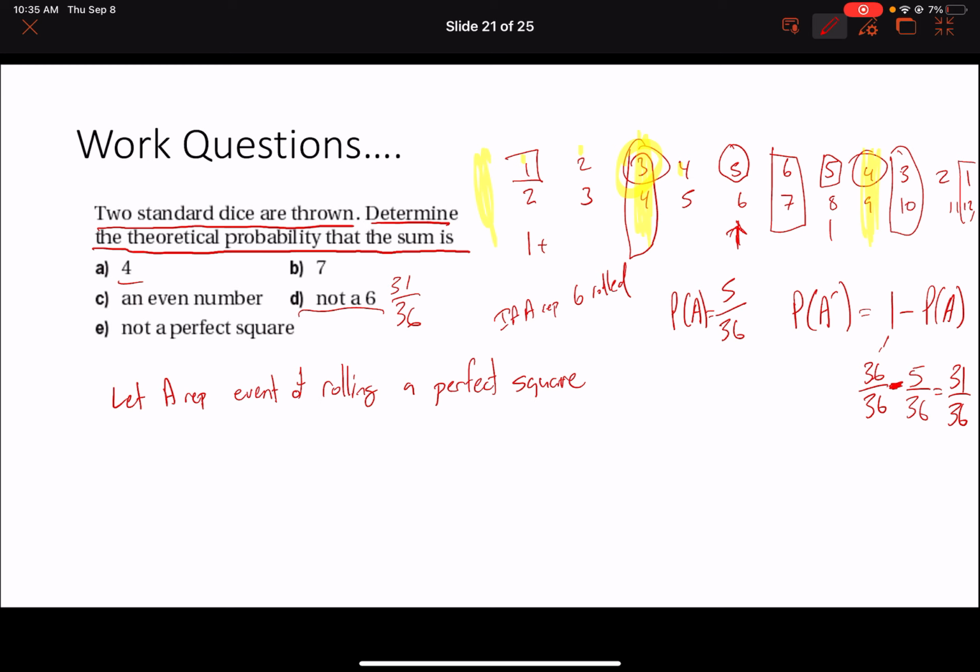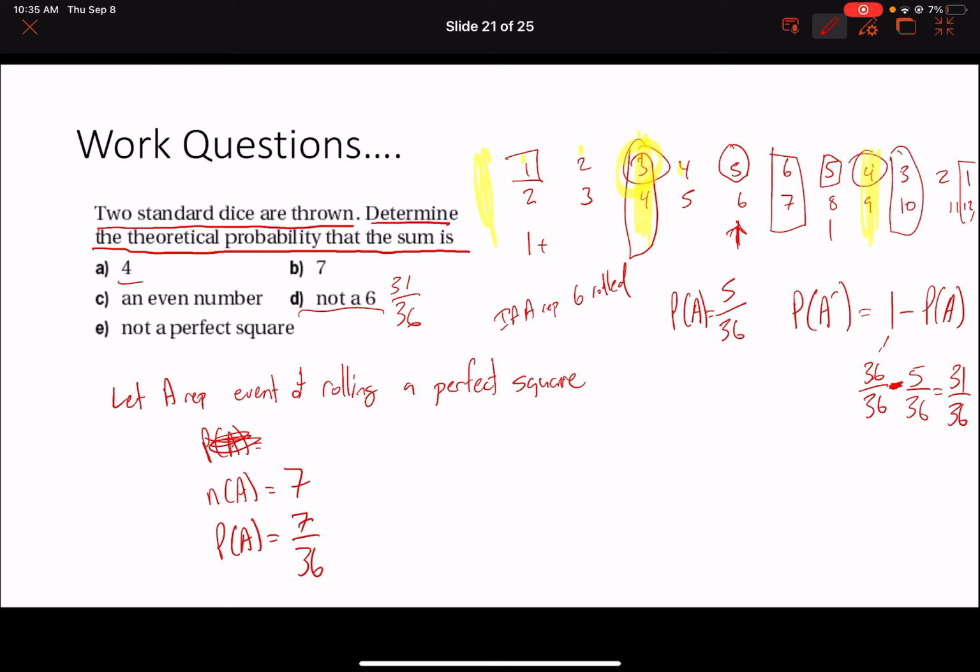Okay, so let's say N of A. How many ways can it occur? 3 plus 4, 7. So P of A equals 7 over 36.